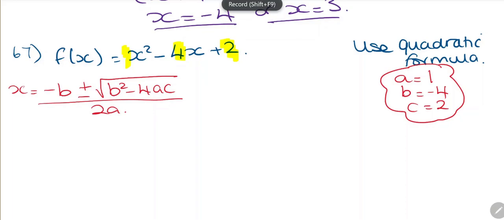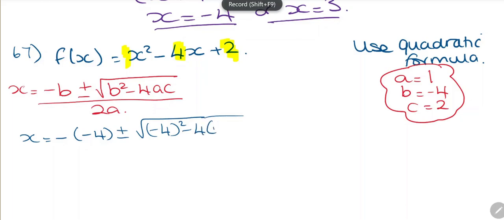So substituting in the values, we have minus minus 4, and minus 4 all squared, minus 4 multiplied by 1 multiplied by 2, all divided by 2 multiplied by 1.